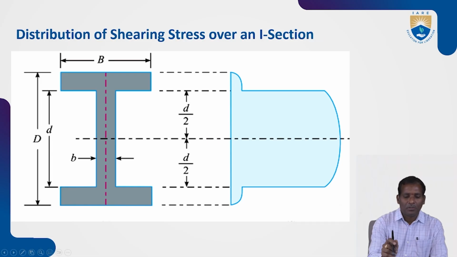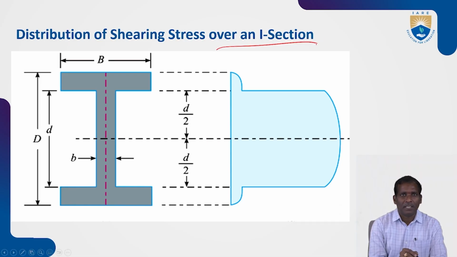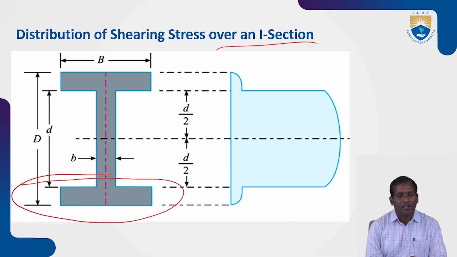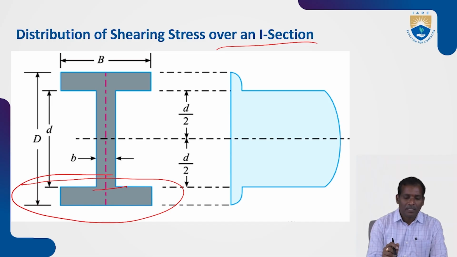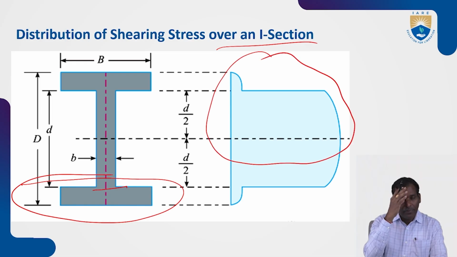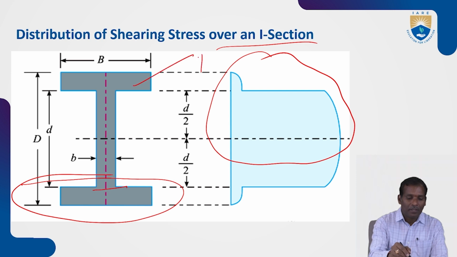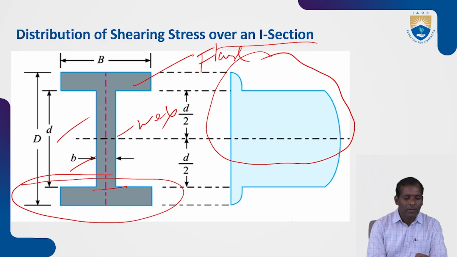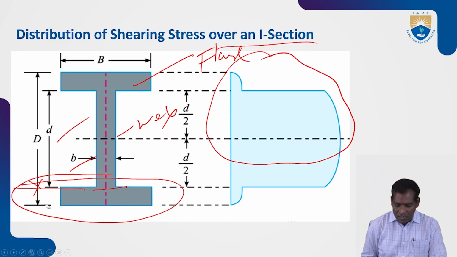The same procedure also applies for a T section, but the only difference is that the T section does not include this flange portion, only up to here, so the stress distribution diagram is also obtained only up to here. The flange and the web have the same names in the T section, and the dimensions are shown here: B, the width, b, the width of the web, and the depth of the web, and from here, the overall depth, capital D.